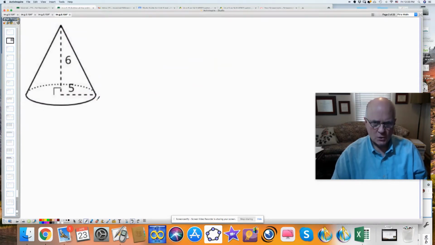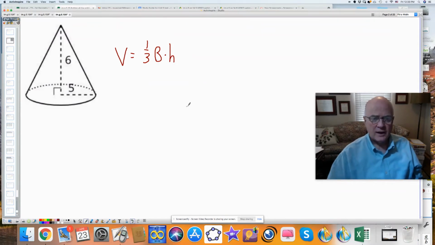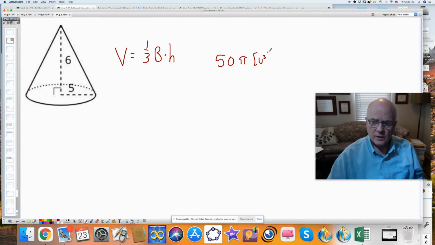This is a cone. The volume of a cone is equal to 1/3 the area of the base times the height. When I do this mentally, I get the answer of 50 pi units cubed. How did I do this in my head? I'm going to substitute the values.